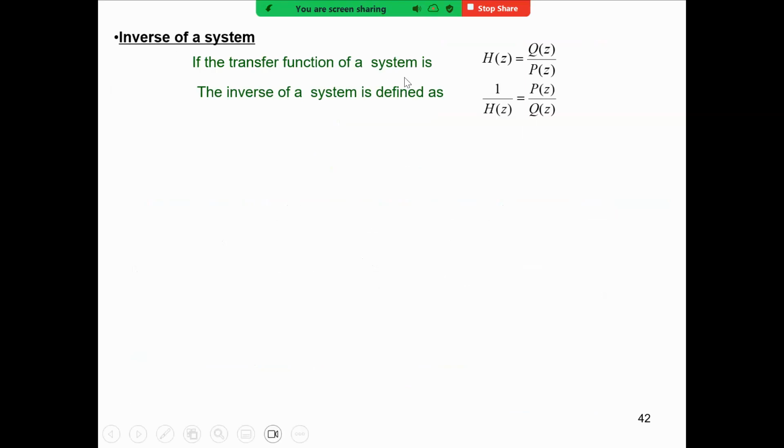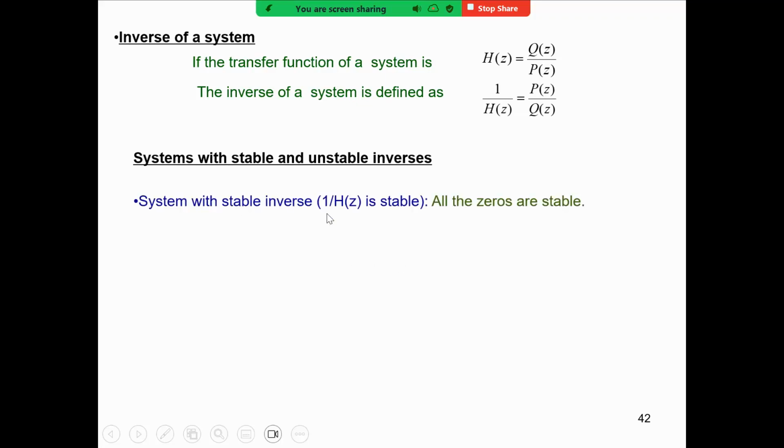Okay, let's say if the transfer function of the system is Q over P, the inverse of the system is just the inverse of this transfer function, P over Q. Now we can define a system with stable and unstable inverse. The system with stable inverse, which means 1 over H is stable, which means all the zeros are stable. So all the zeros, their magnitudes are all smaller than 1.